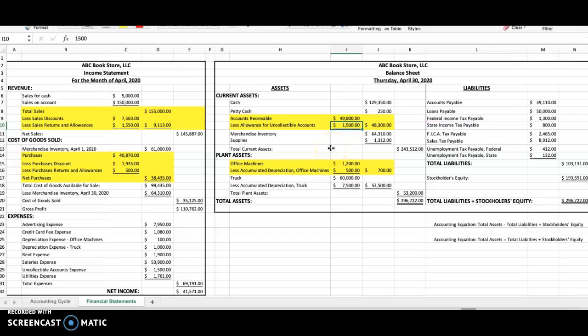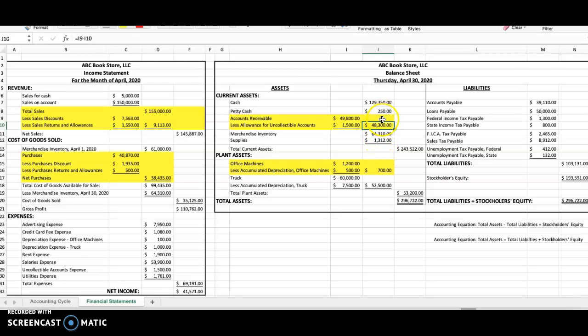It's based, as I said, on a number of factors that we will look at in topic 13, but it is shown on the balance sheet so that we expect to lose $1,500, mainly based on past history and perhaps the kind of customers that we deal with. We expect to lose some of the money. So realistically, we're not going to collect every penny. We expect that some of it will become bad debts, and when you subtract the $1,500 from the $49,800, the net amount that we expect we will actually get is somewhere in the area of $48,300.